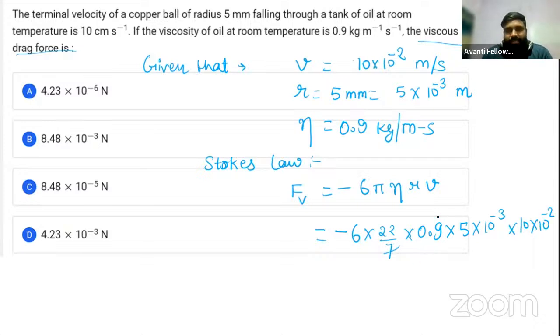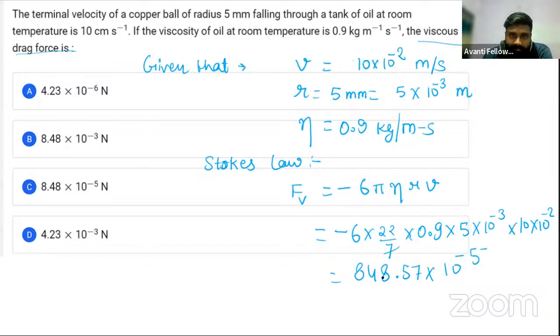Okay. So all the data is given to you. You just have to multiply and divide. So it is 6 into 22 into 0.9 multiplied by 5 multiplied by 10, and all this is divided by 7. So it will become 848 divided by 0.57 multiplied by 10 raised to the power minus 5.